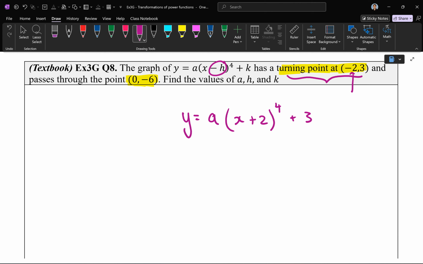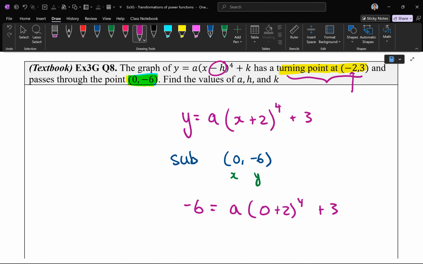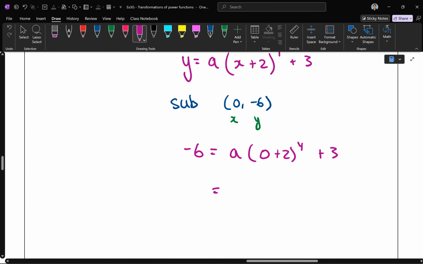I've got my horizontal translation, I've got my vertical translation, and that's where the second point that they've given you comes in, 0, -6. Sub in 0, -6. That means x is 0, y is -6. And we'll get -6 equals a bracket 0 plus 2 to the power of 4 plus 3. Let's work that out. What's 2 to the power of 4?